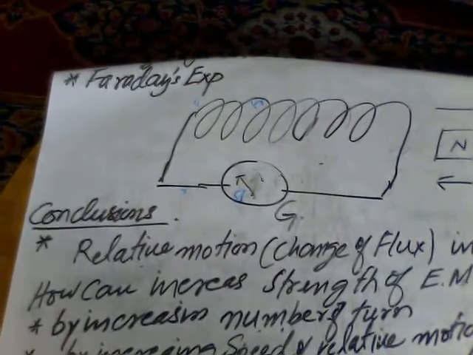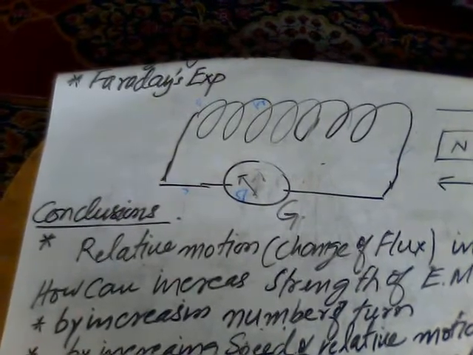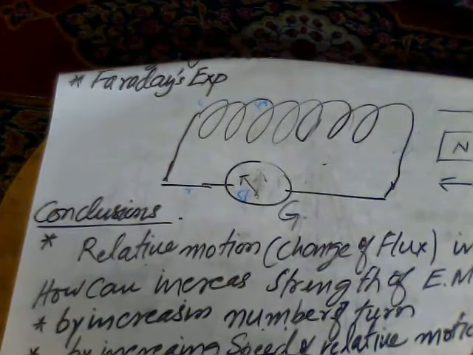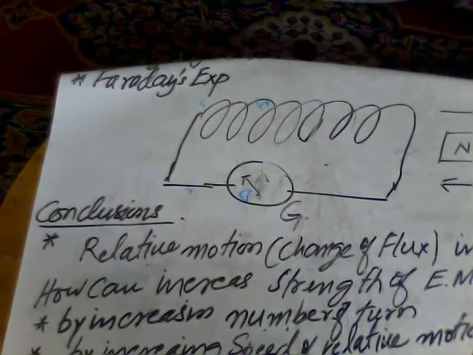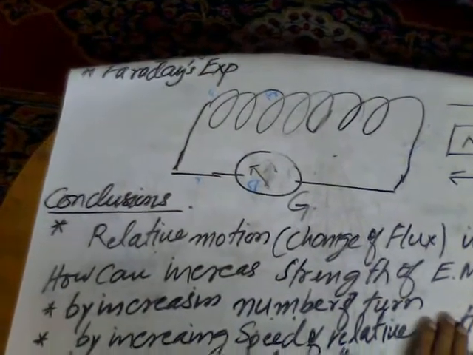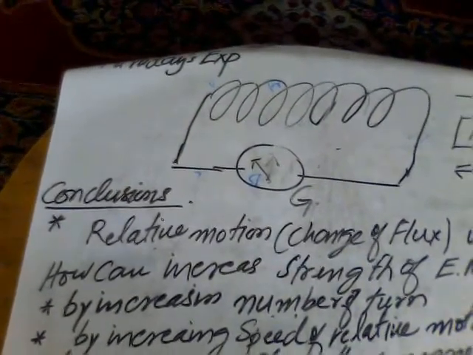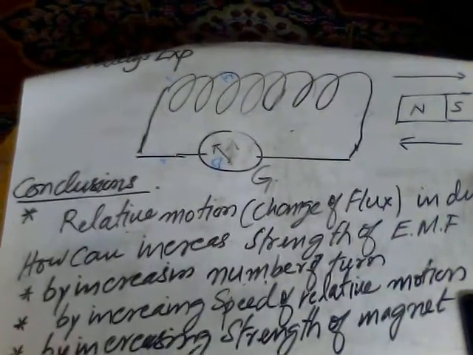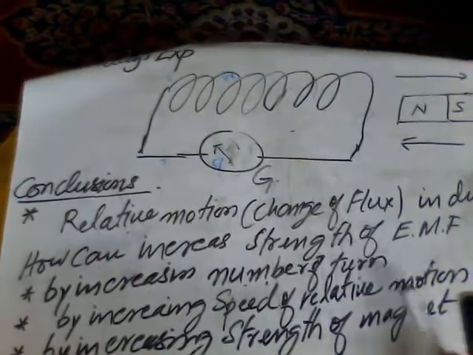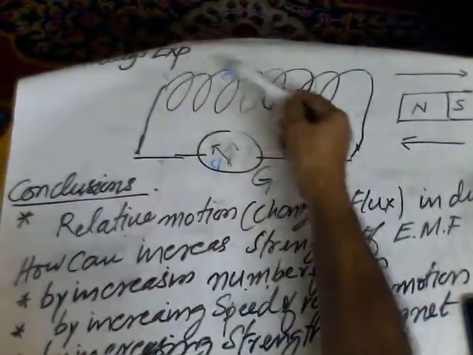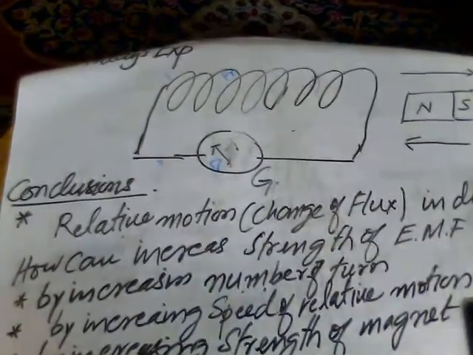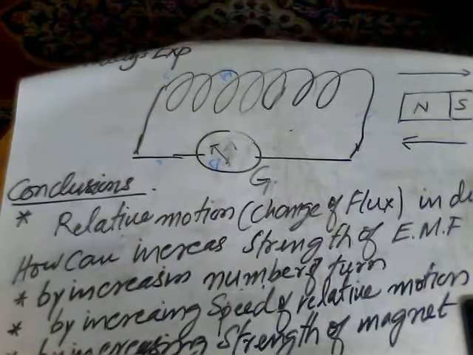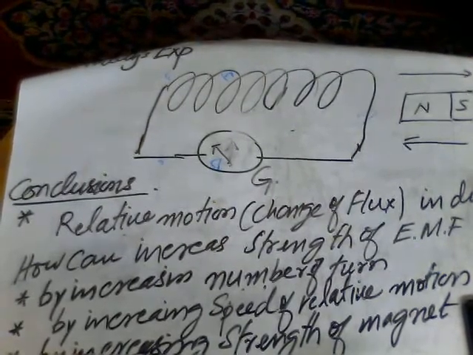Up till now, we learned the effect of the motion of the magnet on the direction of EMF. Now, at the end of the lecture, we will learn how we can increase the amount of induced EMF in a coil. First, by increasing the number of turns of the coil, the induced EMF will increase.